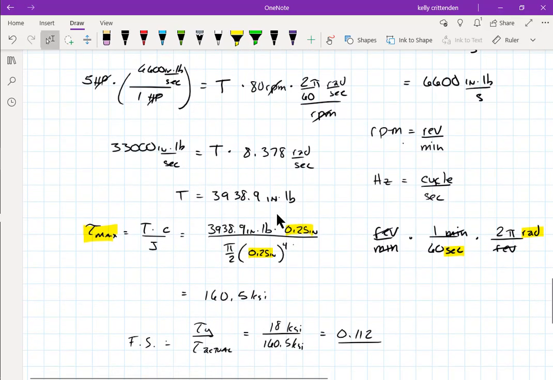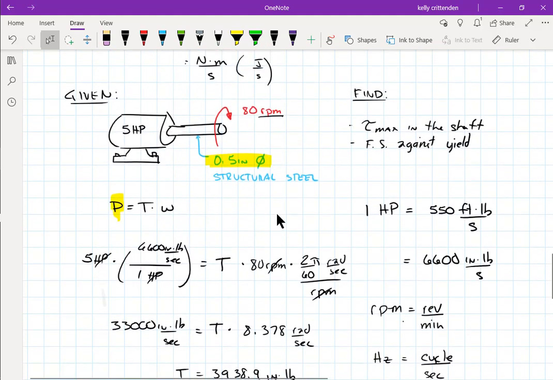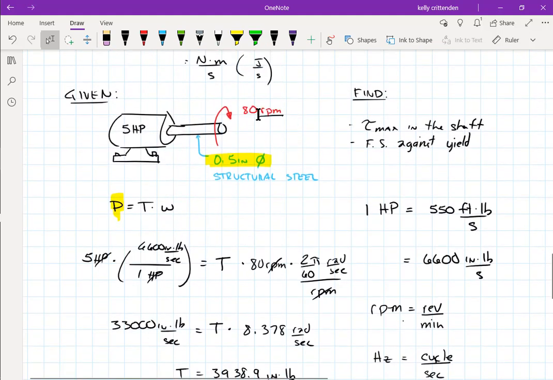All right, we'll do more of these power transmission problems. We have to talk about some gear ratio things because a lot of times these power transmitting devices are geared. So for instance, this one, maybe you need the 80 RPMs as your output, but it's not going to work to just hook it straight up to the motor.